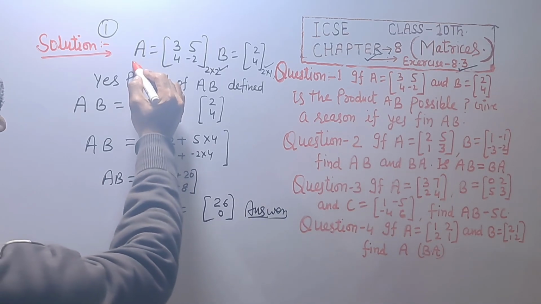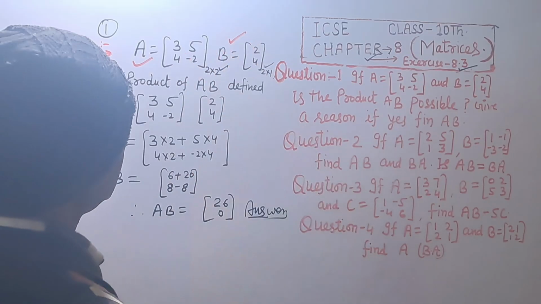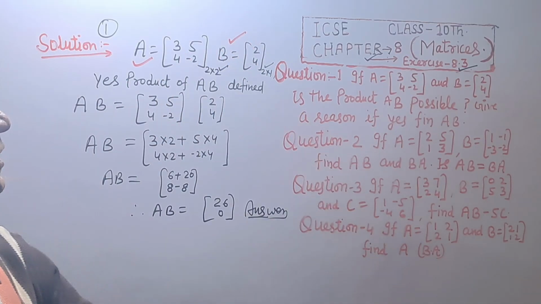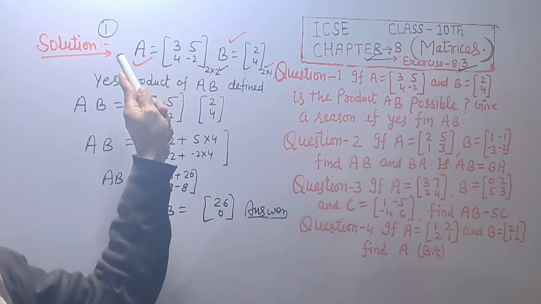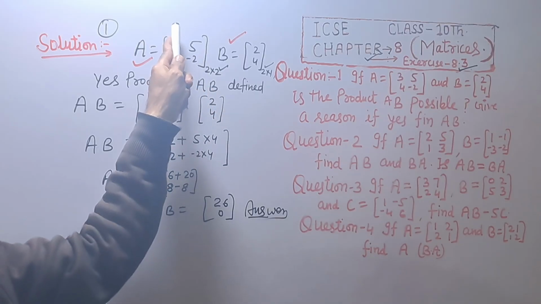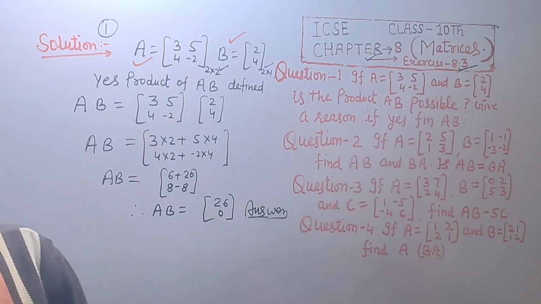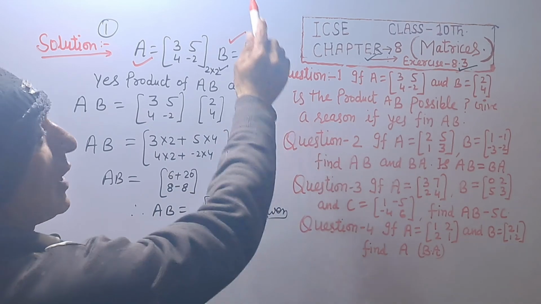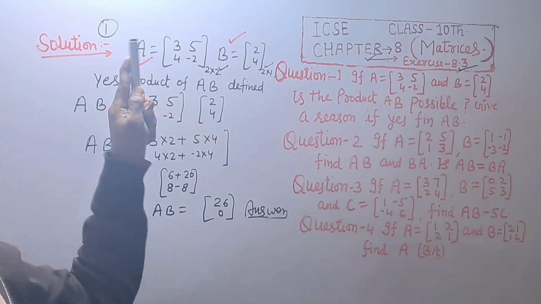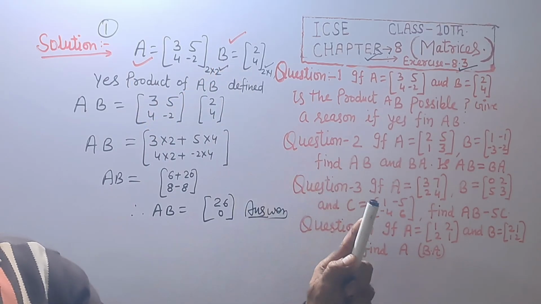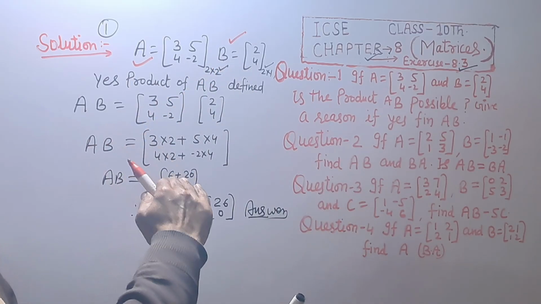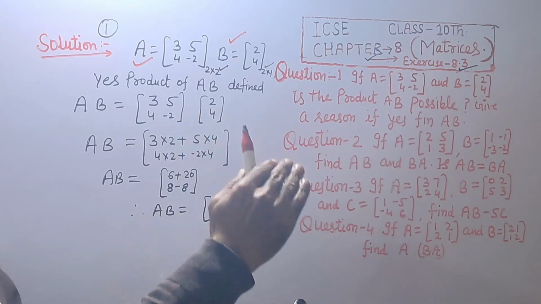Given matrix A and matrix B, A is [3, 5; 4, -2], that is 2 rows, 2 columns. 2 rows means first row, second row, 2 columns means first column and second column. And matrix B is 2 rows and 1 column. As we know, if the number of columns in matrix A equals the number of rows in matrix B, then the product AB is defined.